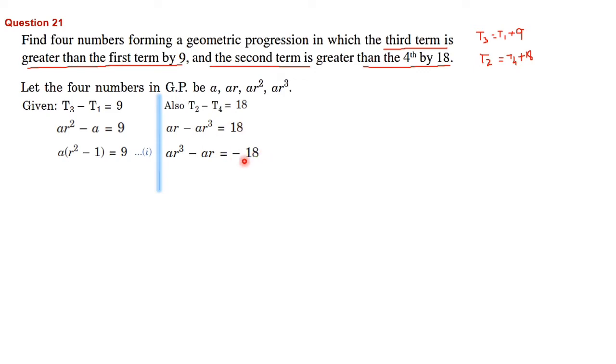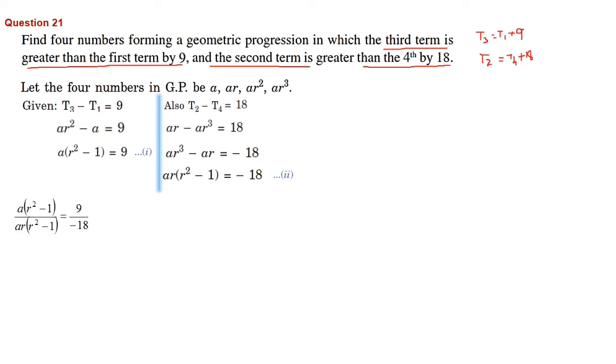That is just dividing through by minus 1, so wherever there is a minus it becomes plus and vice versa. In these two terms AR is common. Taking AR common, R square minus 1 equals minus 18. That is equation number 2.